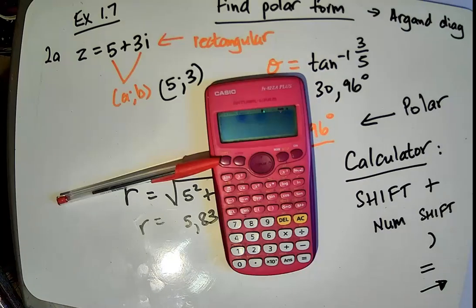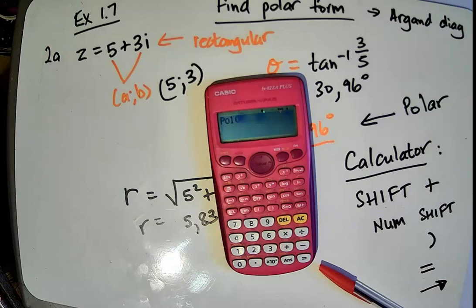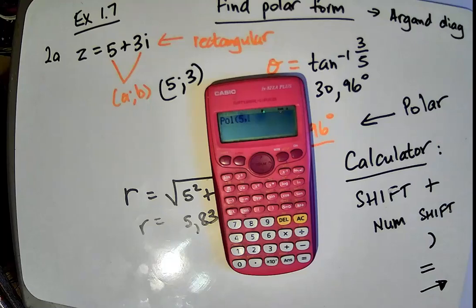Here's the calculator. First step is to press shift followed by plus. Then it's going to say polar. Enter your number, which is 5. Shift, then this button. It's going to place a comma on the screen. Then you're going to punch in 3 because it was 3i.